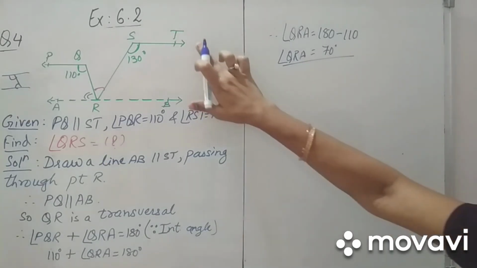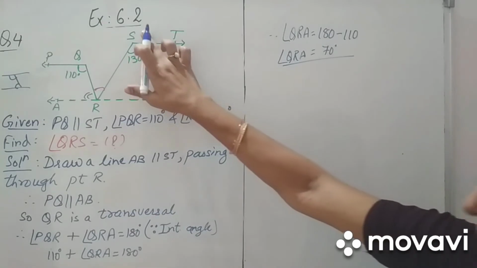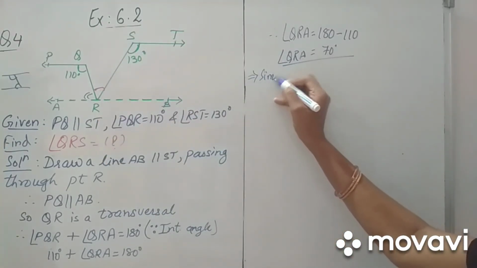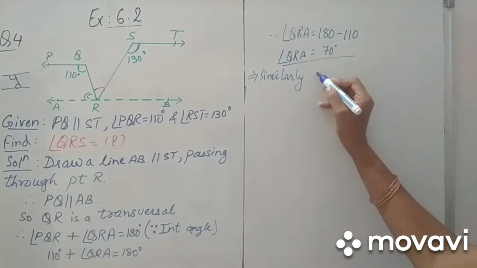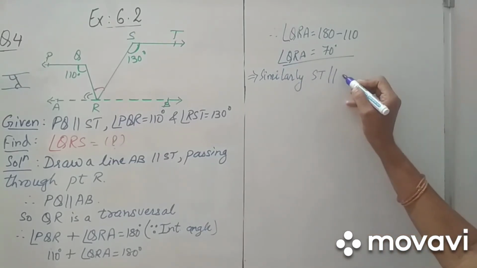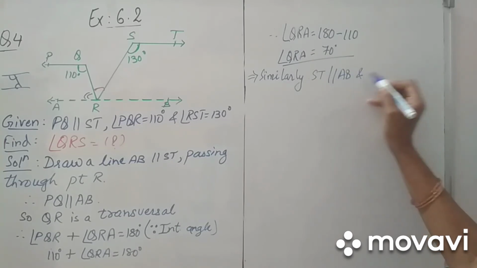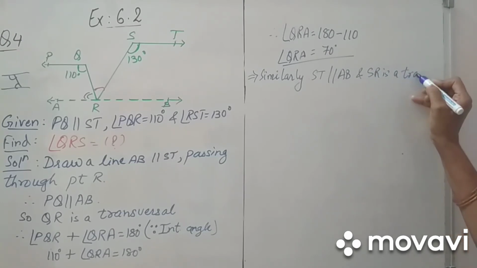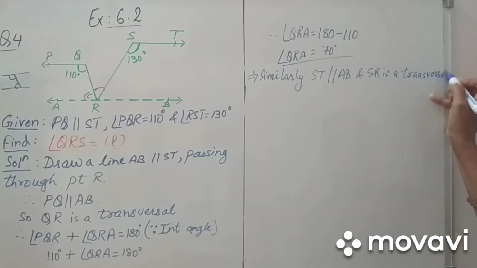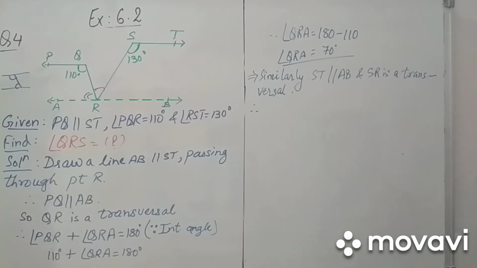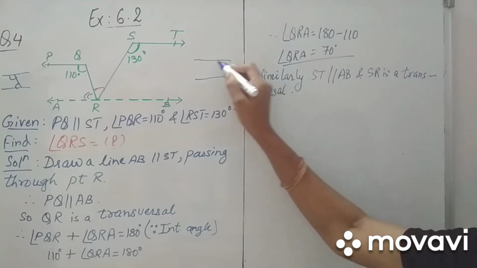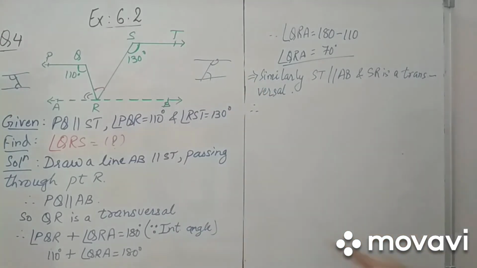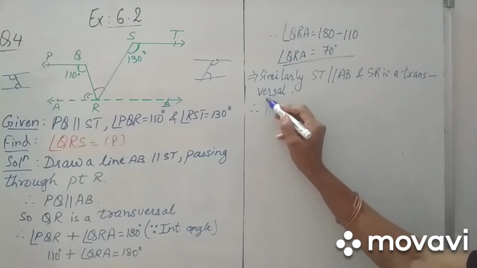In the same way, we will take ST parallel to AB and RS as a transversal. Similarly, ST is parallel to AB and SR is a transversal. So what relation can you see here? This angle is given. What can you say about this angle? The same logic will be applied.